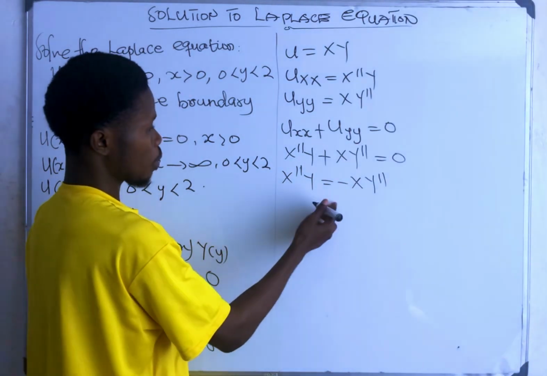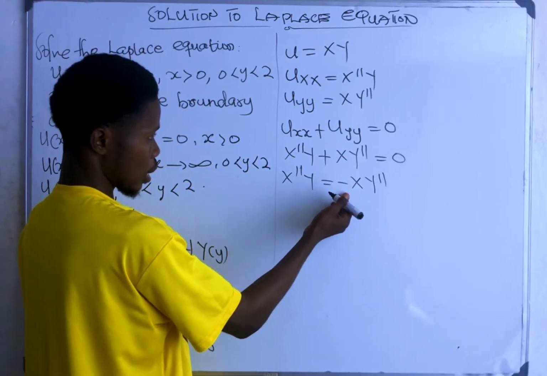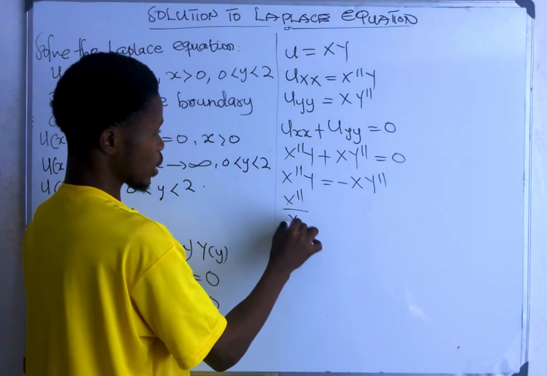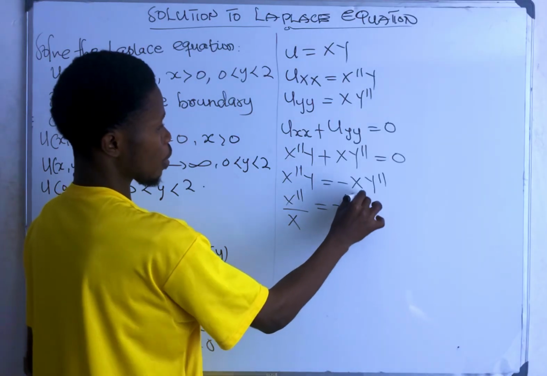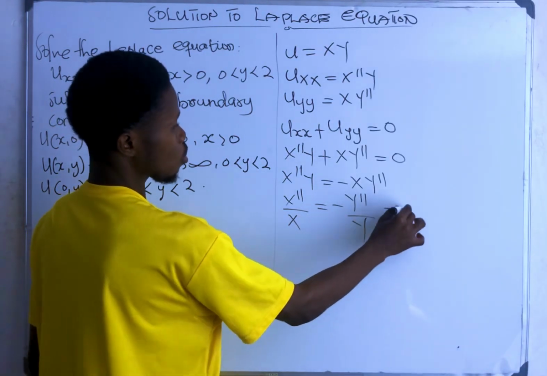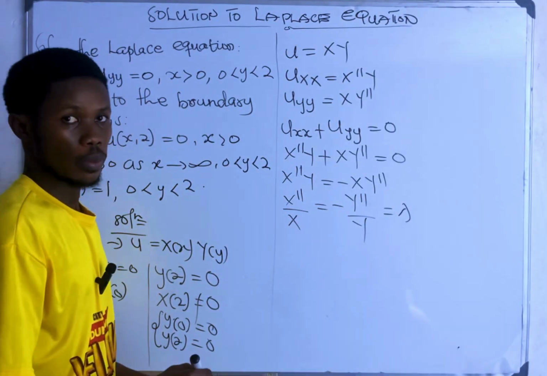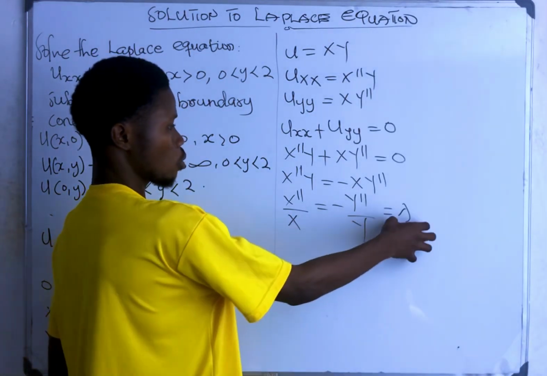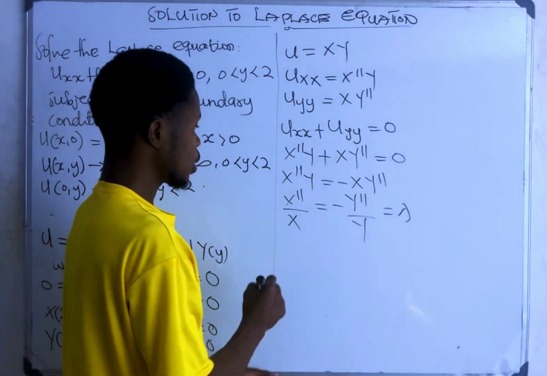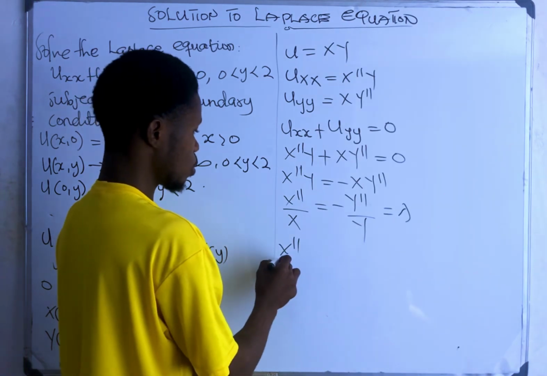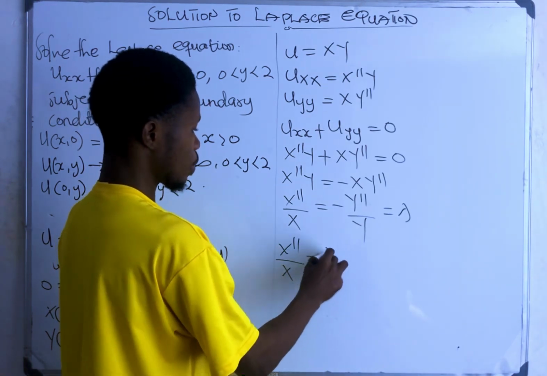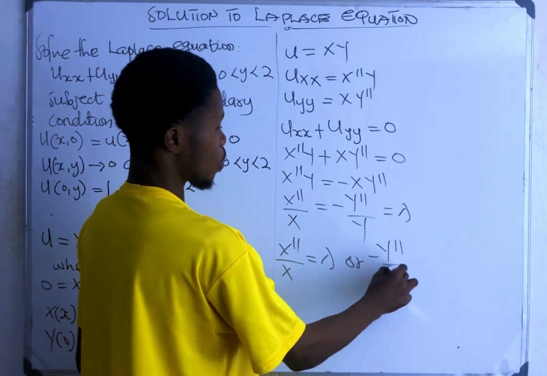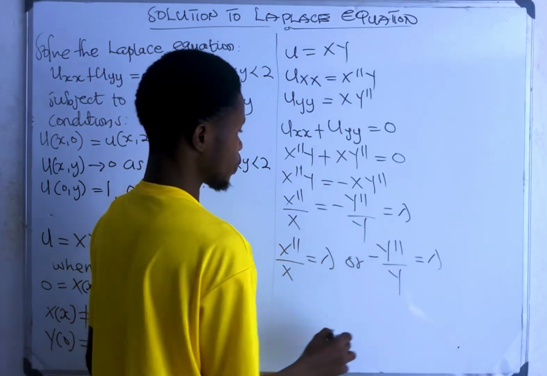So we divide both sides by XY so that we get X''/X equals negative Y''/Y, which is equal to lambda. This is perfect. And you know what to do. You pick this one, you equate it to lambda, you pick this, you equate it to that. So this gives us X''/X equals lambda, or negative Y''/Y equals lambda.